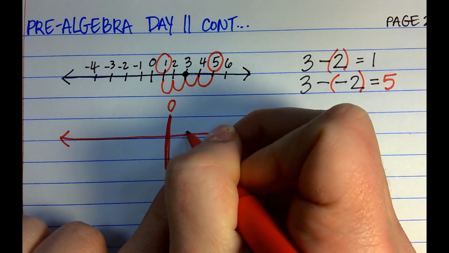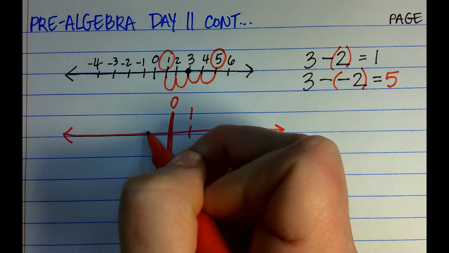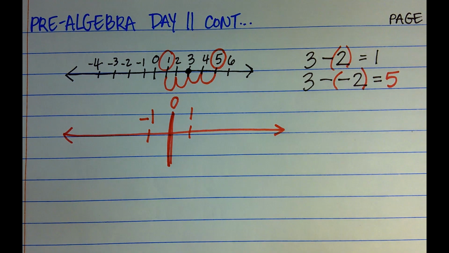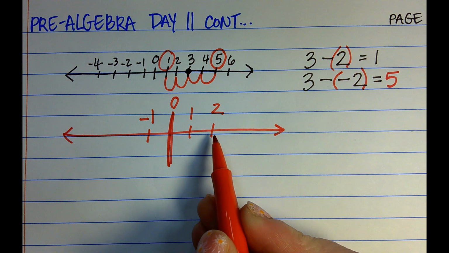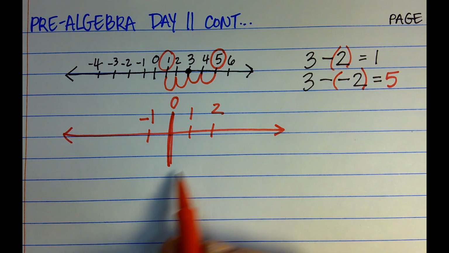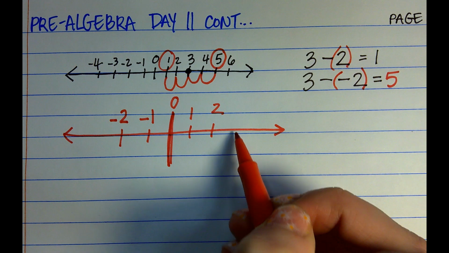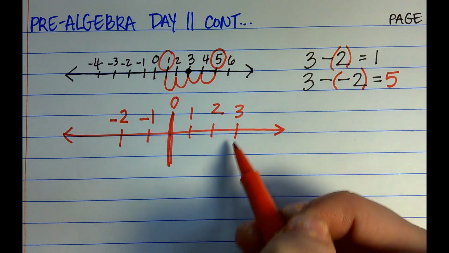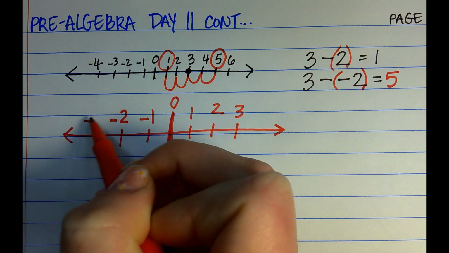So on this side I have 1. The opposite of 1 is negative 1. Then I have positive 2. The opposite of positive 2 is negative 2. Next I have positive 3. The opposite of positive 3 is negative 3.